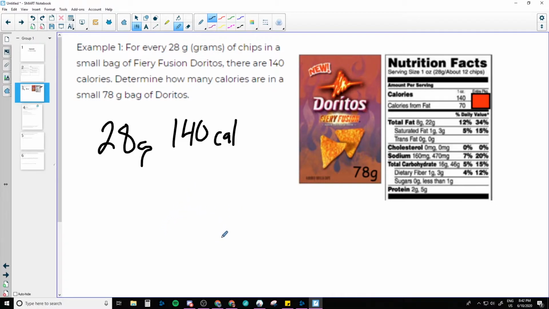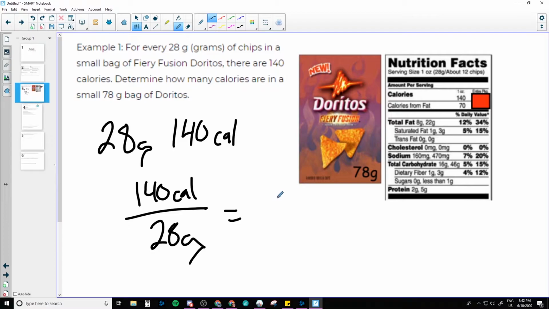We can still solve this using the same strategies that we were solving them with at the beginning of the year. So there are 140 calories in 28 grams. Okay, we want to know how many calories are in 78 grams.